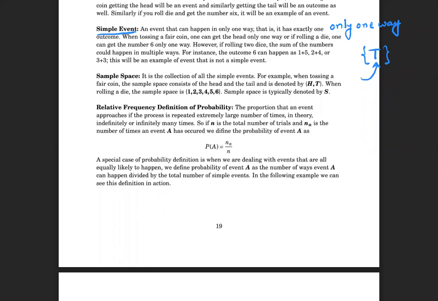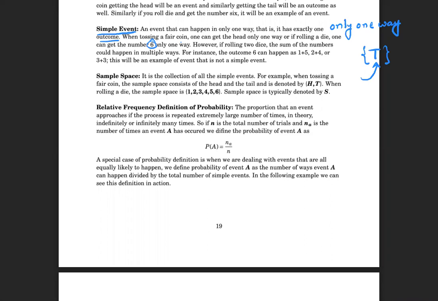It is exactly one outcome. When tossing a fair coin, getting a head is one way, or if rolling a die, one can get the number 6 only one way, right? So if you roll a die, you can get the number 6 only in one way.